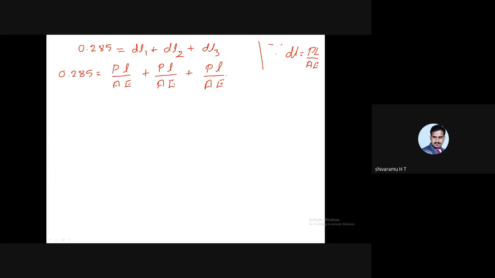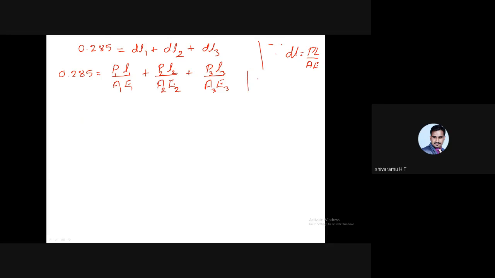If it is loaded differently, you can take P1 L1 A1 E1. So this is the section 2, P2 L2 A2 E2. So this is the third section, P3 L3 A3 E3.